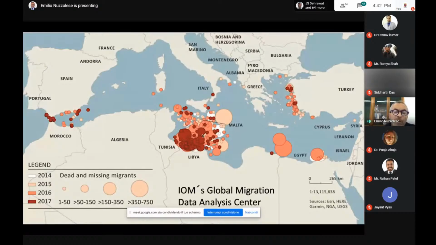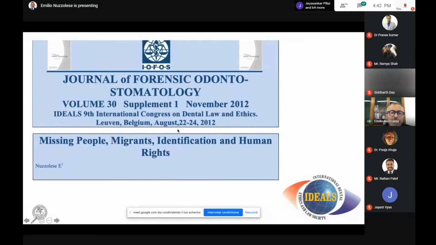And the number of unidentified persons raises ethical and human rights issues. This is why, since 2012, during the International Congress on Dental Law and Ethics in Leuven, there is this International Dental Ethics and Law Society, which usually organizes an international congress every 3 years.